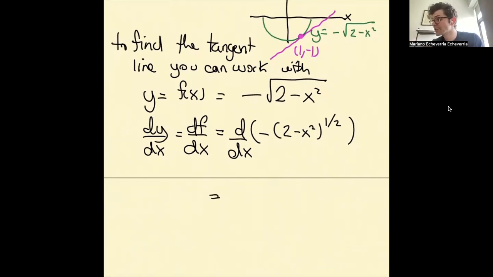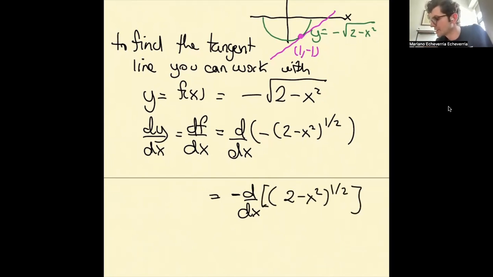In fact, the minus sign that you see here is just a constant number, so you can take it outside the derivative. So let me just take it outside the derivative to help you out a little bit. And now how do you find the derivative of this expression?